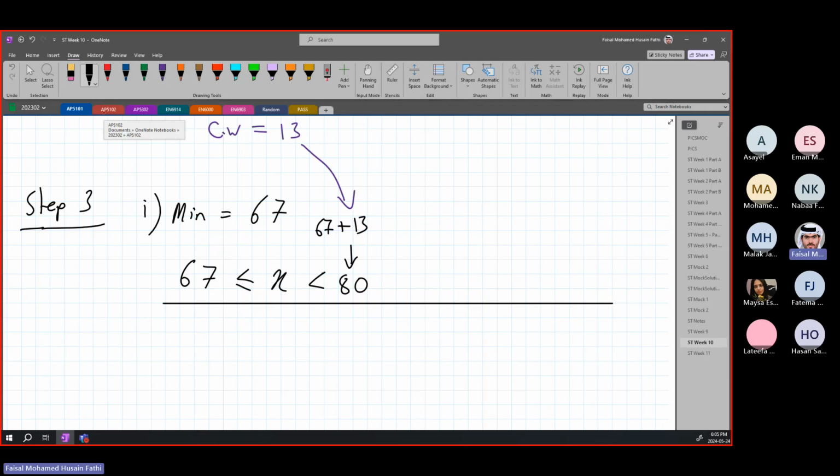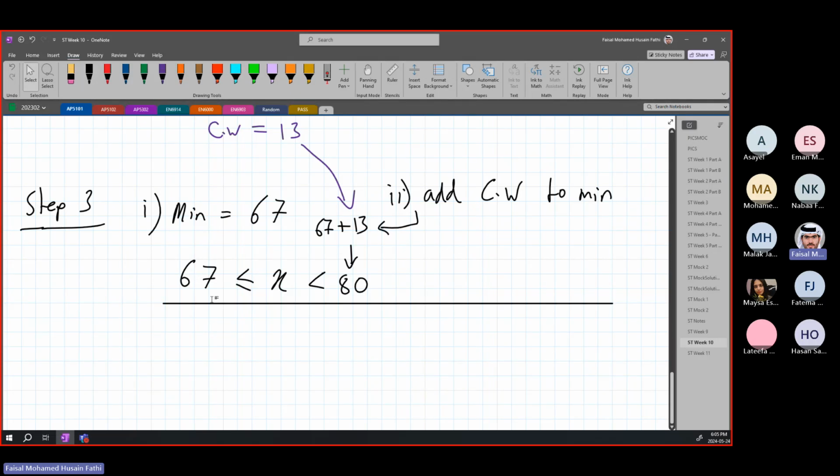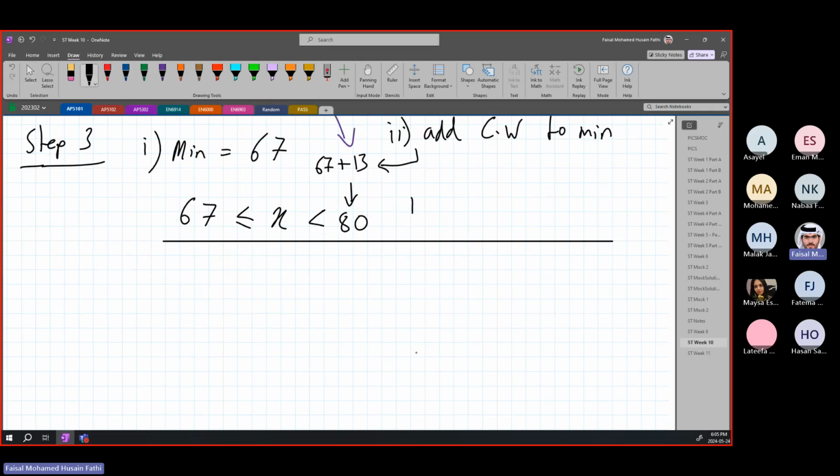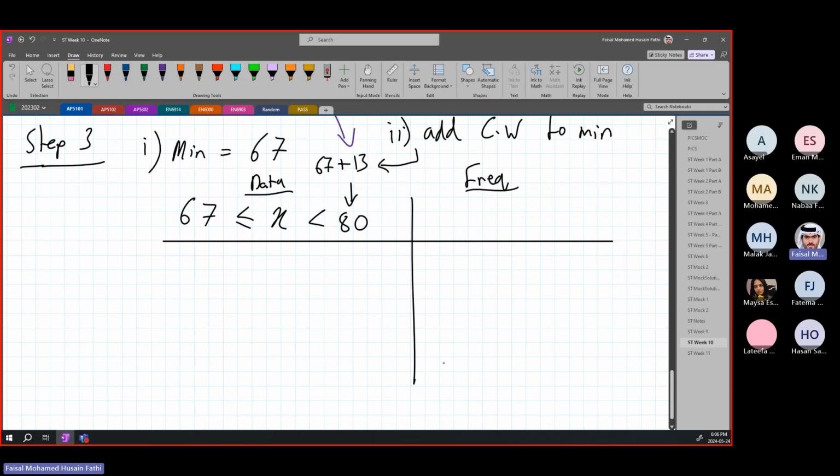Then the second thing you do is add the class width to the minimum, which is this step over here. And then that is going to be your very first line, and this is where your frequencies are going to be later on. So this is data, and this is frequency. This is for the first one.